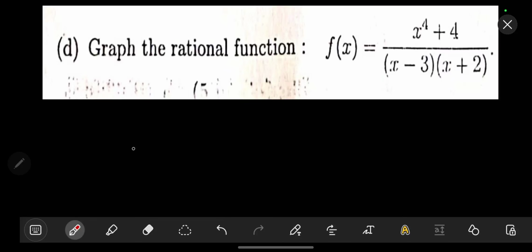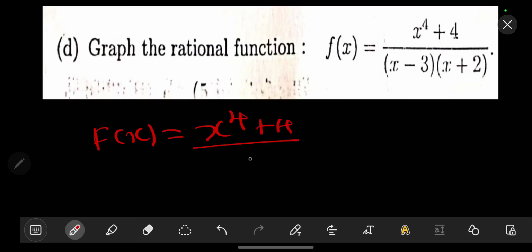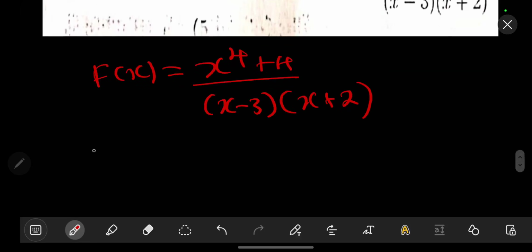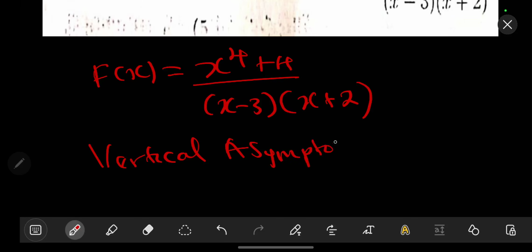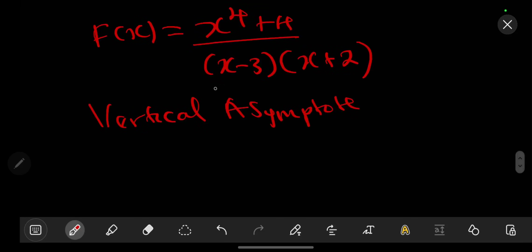Our next question is saying that f of x should be equal to x to the power 4 plus 4 over (x minus 3)(x plus 2). So how do we work with this one? The approach is, let's find our vertical asymptotes. These are the zeros of the denominator, which the function does not approach.